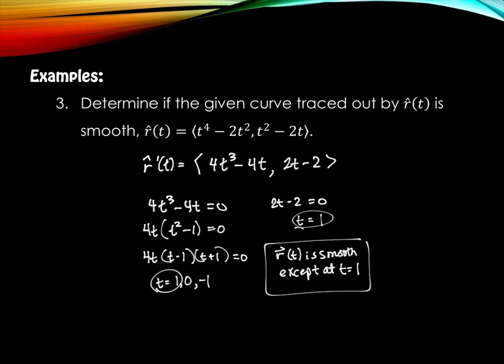Does that make sense? Now, play with the idea for just a moment and say, let's say that the first one ended up giving you 0, negative 1, or 0, 1, 0, negative 1, just like it did. It looks just like this. But the second component said t equal to 2. What would we say then? It's smooth everywhere, right? There is no location where both the components were 0 at the same time.